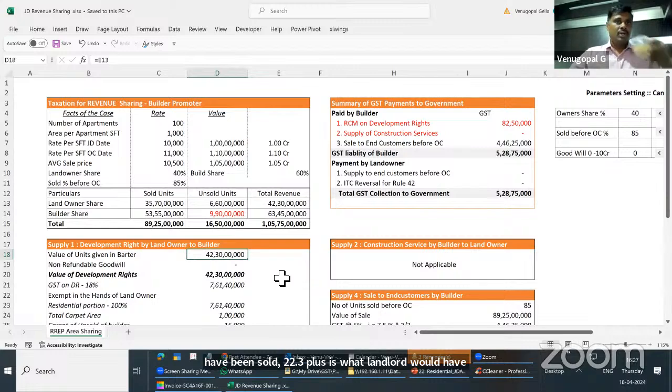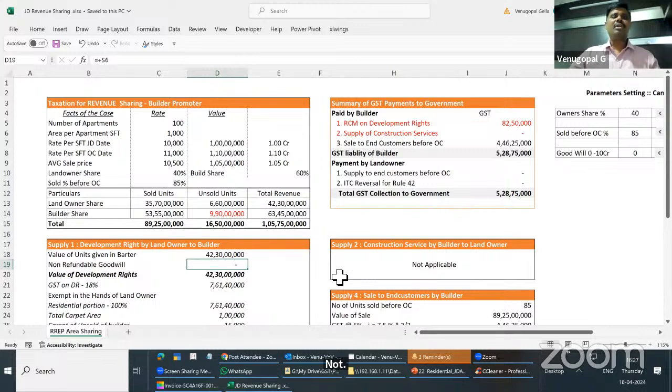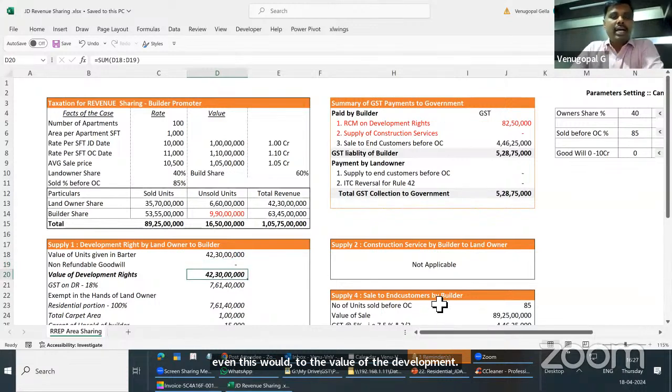Now, if there is any non-refundable goodwill given, even this would be akin to the value of the development right. So the development right value here is 42 crore 30 lakhs. Please don't go by the income tax logic or the accounting logic that the landowner has given the land, everything.